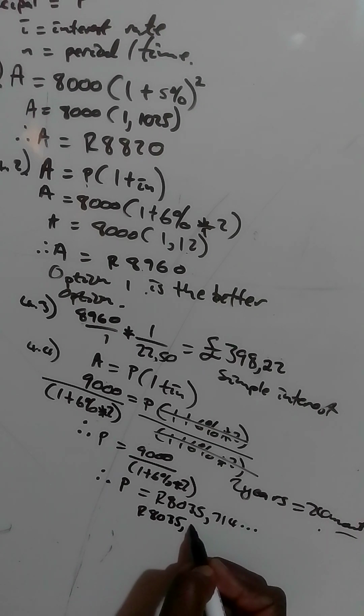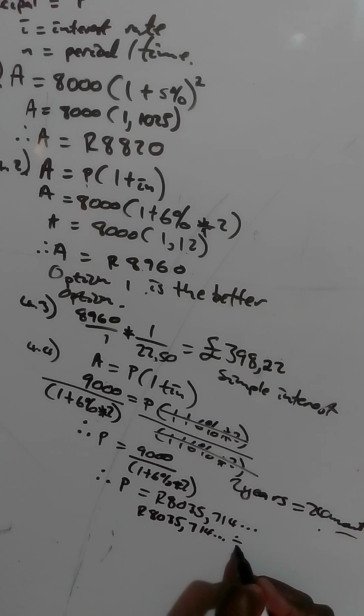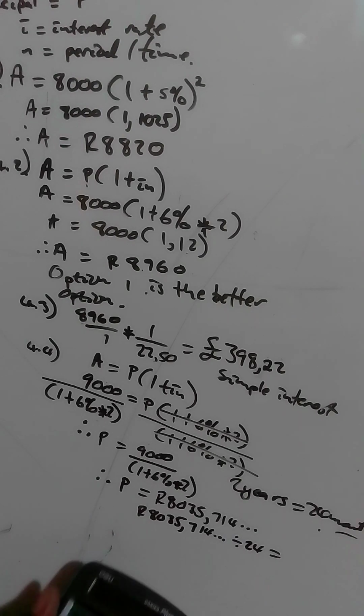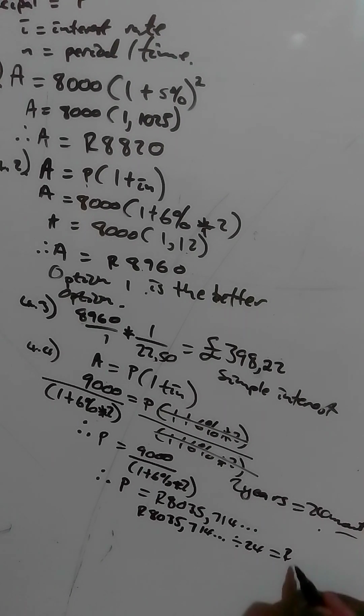So this figure of 8,035.714 ellipsis, which I found here, I divide it by 24, which is equal to. So I go to my calculator, still have got the figure. I say divided by 24, and then it provides me with 334 rands, comma, then 82.